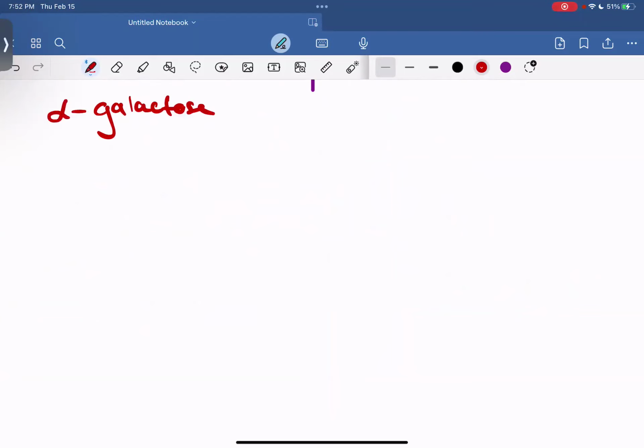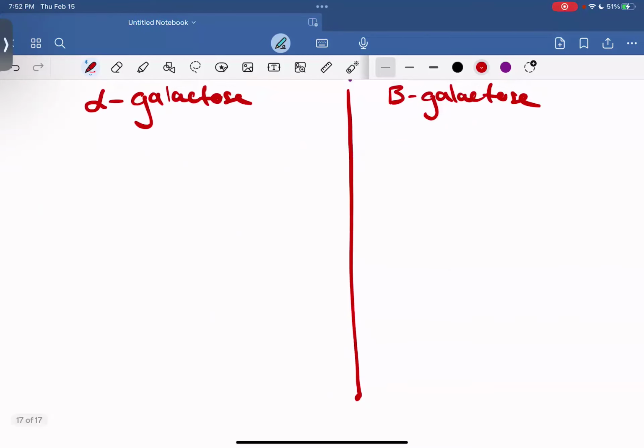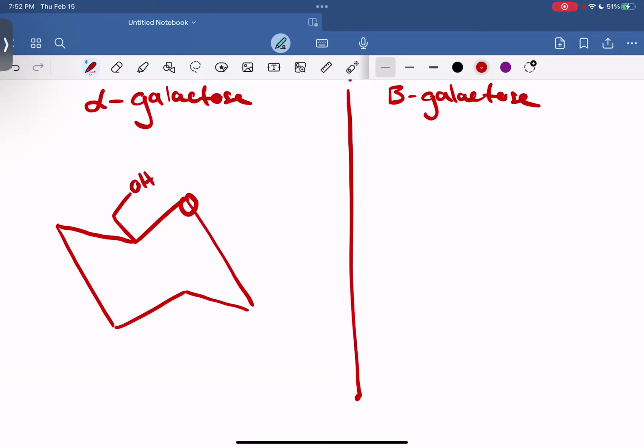So moving on, the next one we need to learn, and let's change colors, is galactose. And we can also have alpha galactose and beta galactose. Okay, alpha galactose. So alpha means that the anomeric carbon is in the alpha position, and galactose now changes this alcohol to the axial position.